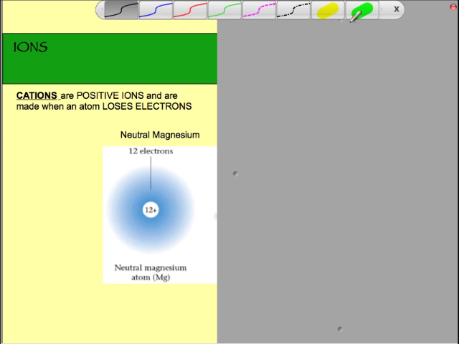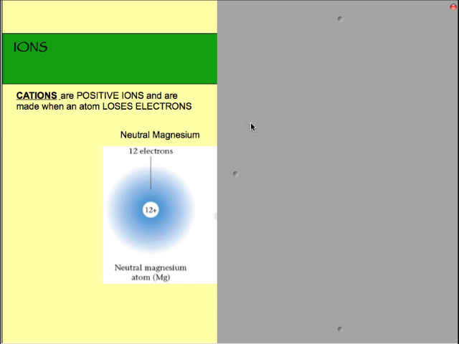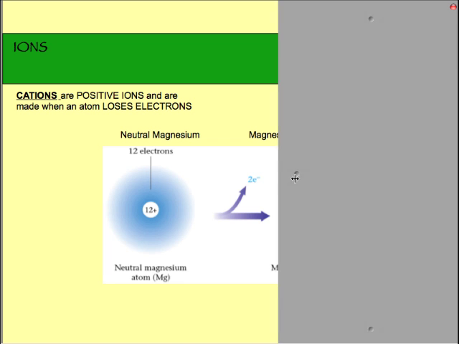So we've got two different types of ions. Cations are positive, and they lose electrons. If you take electrons away, you have more protons and they're positive. Magnesium, there's a neutral atom. Magnesium is number 12 on the periodic table. 12 protons and 12 electrons means it's neutral. If I take some electrons away, let's take 2 away.